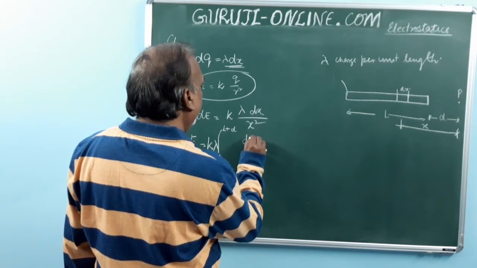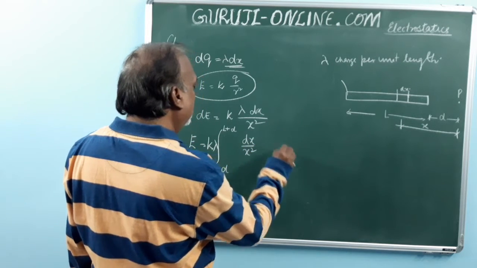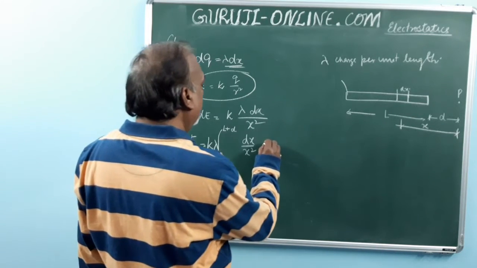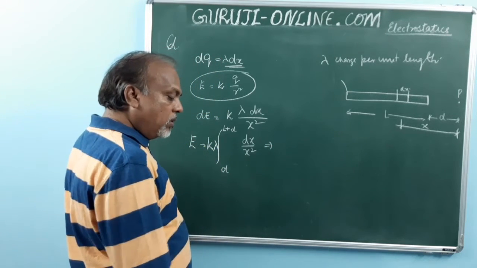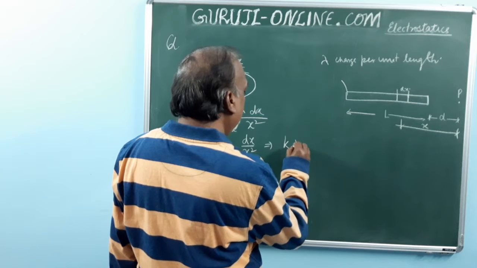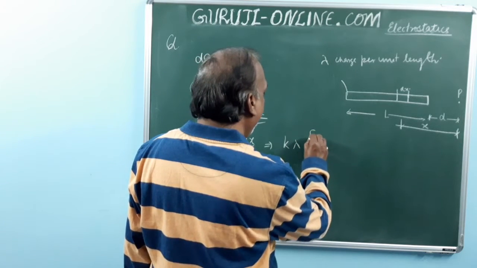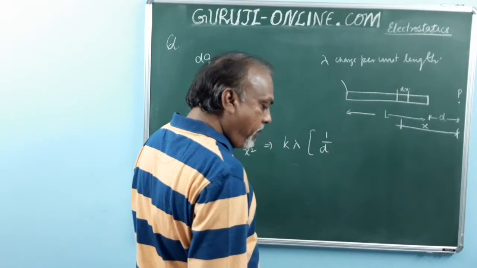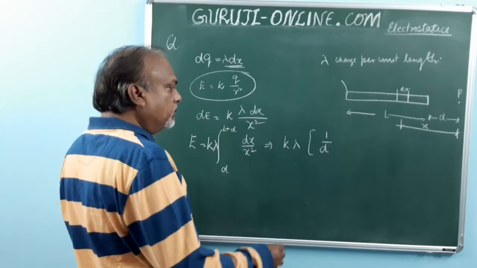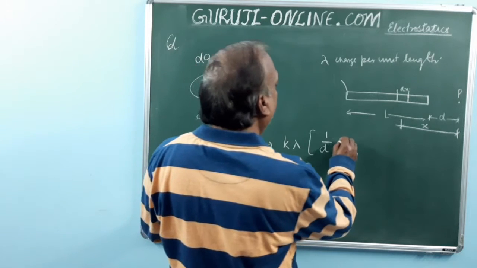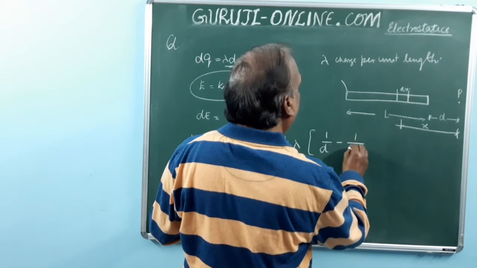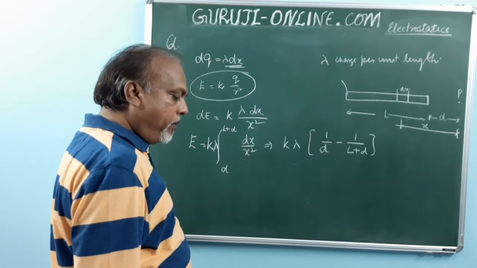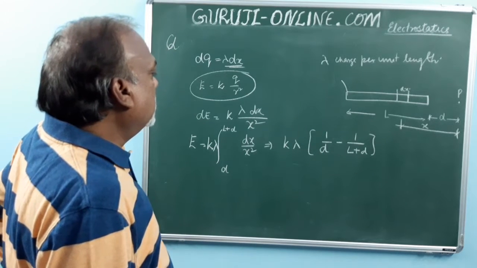Here it is dx upon x square, and this will give you k lambda, one upon d minus 1 upon L plus d. Correct?